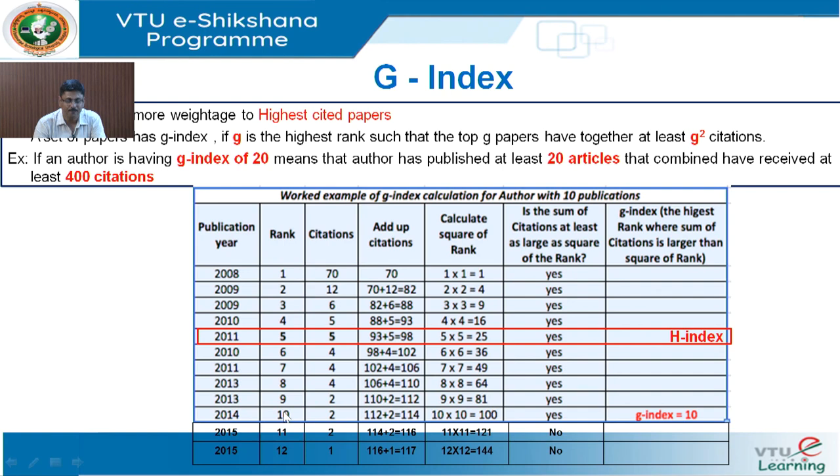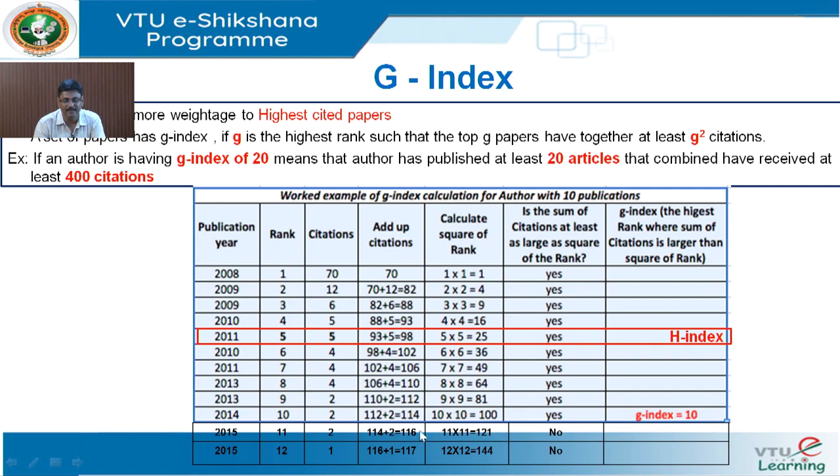When it comes to the 10th paper with 2 citations, the total cumulative citation is 114, and 10 square is 100. Definitely 114 is more than 100, so the G index stands at 10. For the G index to be 11, the cumulative citation should be 121, and this citation can happen anywhere here.